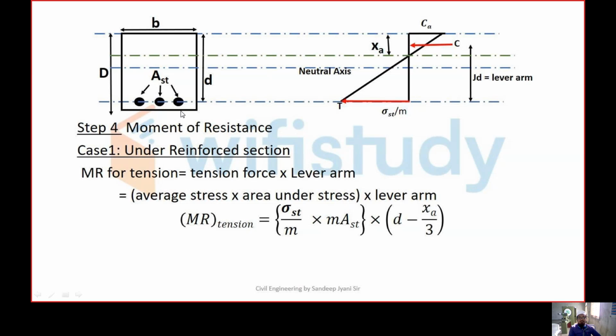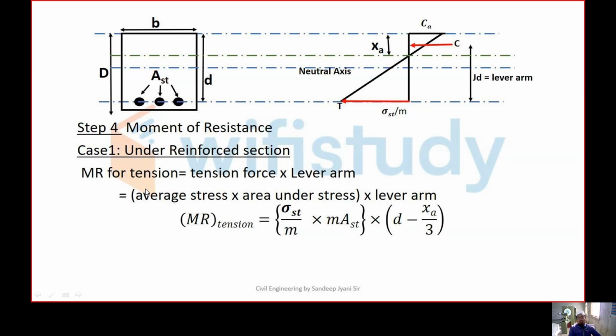M into AST. If we remove these reinforcement bars, what will be the equivalent area of concrete? M into AST only, and that will be subjected to the stresses. Only this portion is subjected to stresses, that's why only this portion is considered for calculating the area. If we remove this circular portion, it becomes a rectangular portion.